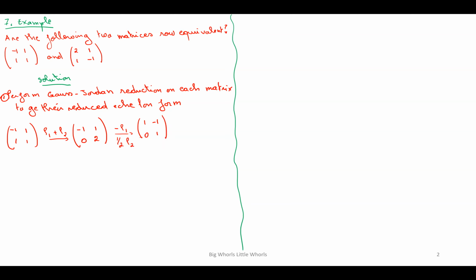And then we will use each leading entry to eliminate the entries above each entry. So here I'm going to do row 2 plus row 1. Okay, so it will leave me with 1, 0, 0, 1. So this is my reduced echelon form of the first matrix.